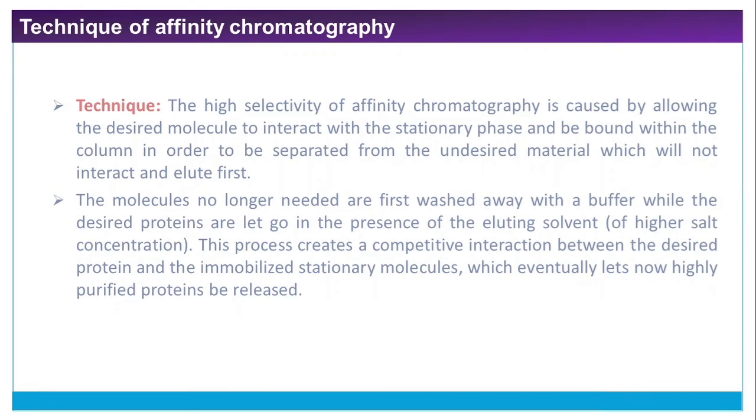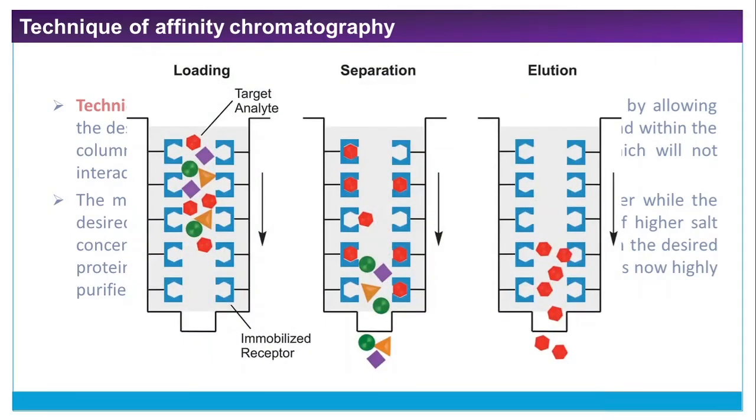Now see the principle of how they will get separated. Suppose this is the stationary phase. This stationary phase is like enzymes, made for specific types of target analytes. So these are various types of analytes. This substrate is made up of hexagons, suppose.